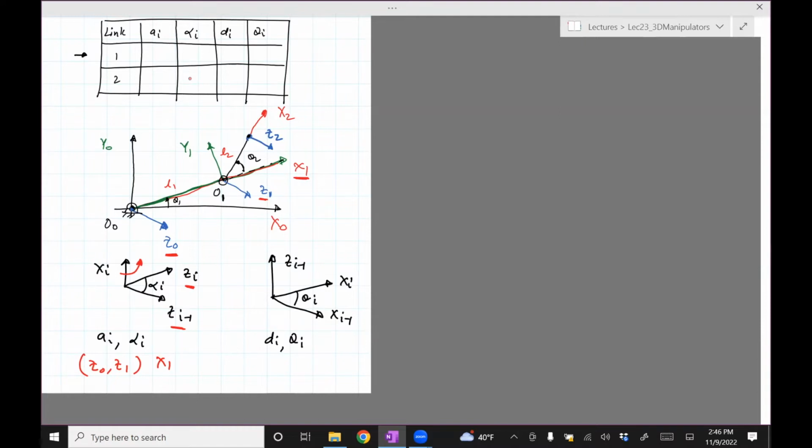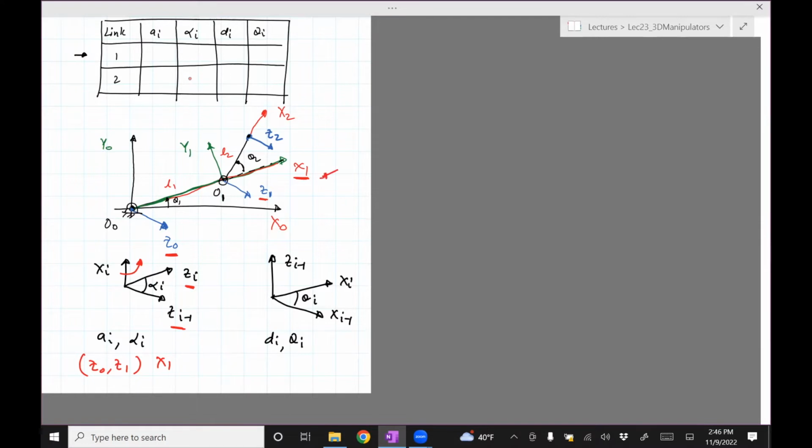But when I look at it from x1, maybe it's easier for you to think of it this way. z0 is pointing out, z1 is pointing out. And then we're trying to see what is the angle between these two about this axis. So they are parallel to each other, right? And so the angle between the two has to be 0. Let me show.